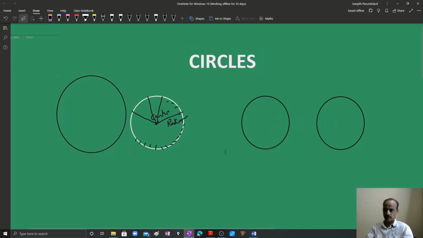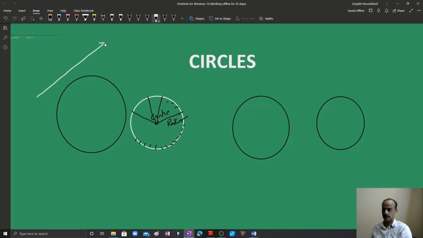The concept is: what are the possibilities that can be seen when we examine a circle and a straight line? So let us see. A circle and a straight line can have such a condition, that a circle may be there and a straight line may be there and does not intersect it. Or a circle and a straight line can pass like this.